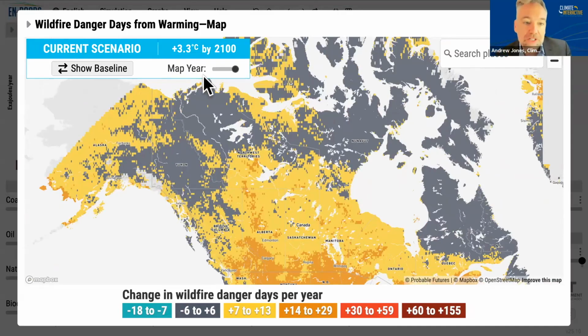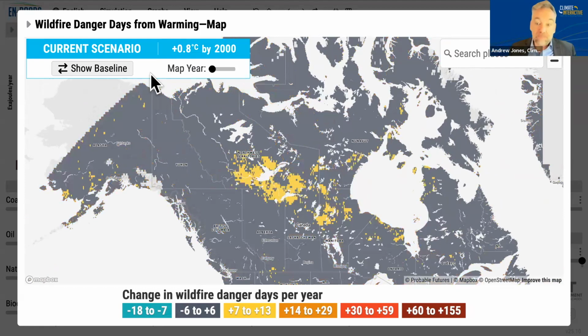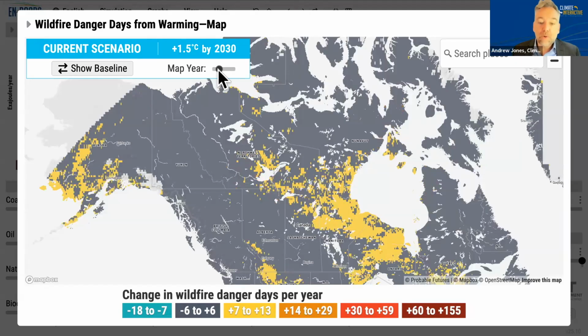This is 2100, and we've built our plans for forests, say 25 years ago, when the temperature was below 1 degree C globally. And it was only this part of Canada that had over a week of wildfire danger days per year. And what we've witnessed, what you have all done your best to manage, has been this change: 2010, 2020, 2030.